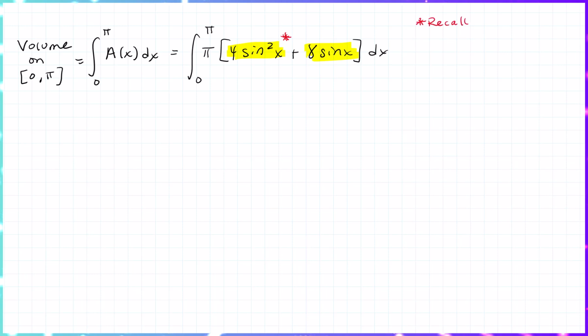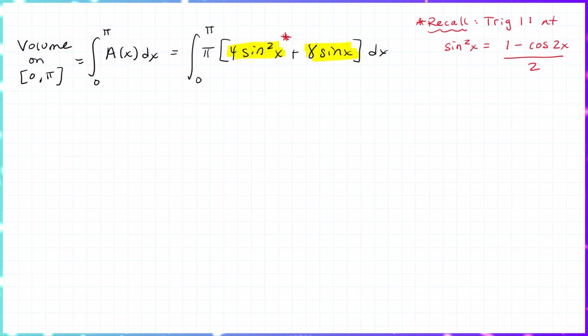Let's recall that there is actually a trig identity that we can apply here. The sine squared of x, we can use the fact that the sine squared of x is 1 minus the cosine of 2x over 2. That is one of my half angle identities, I should say, not formulas.